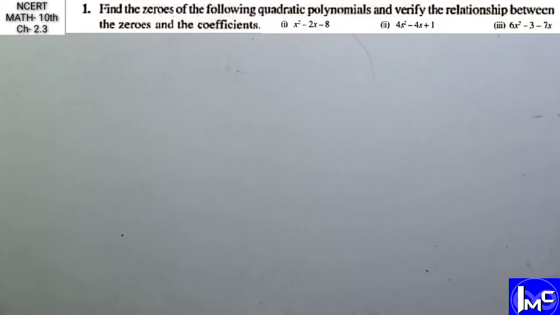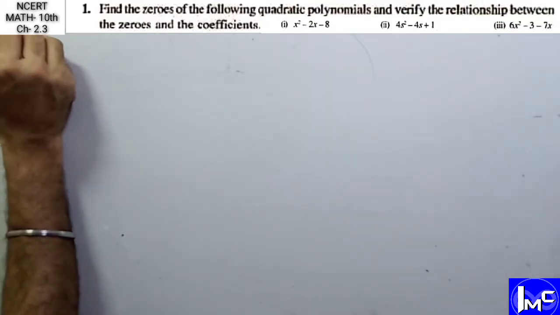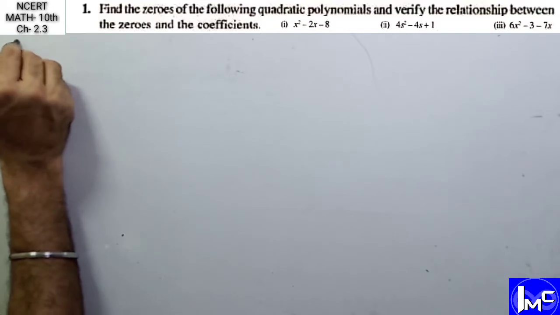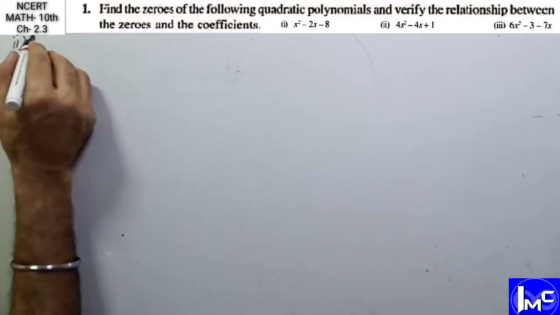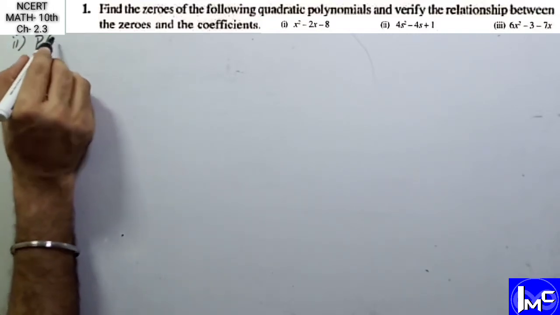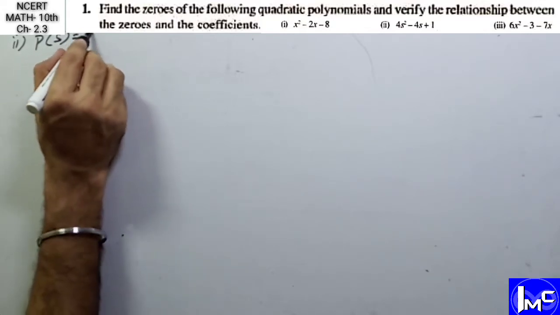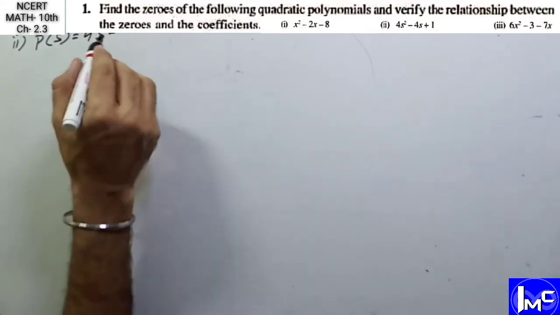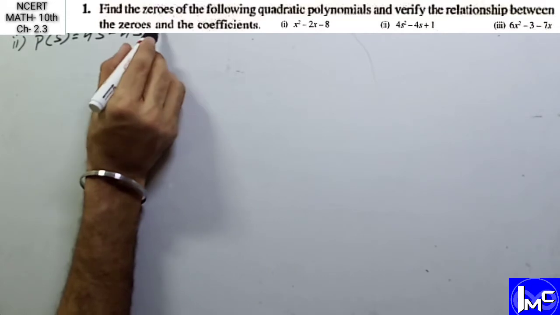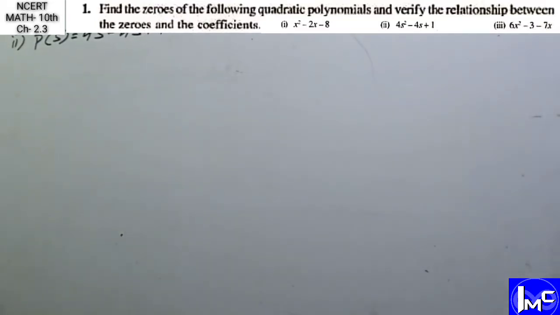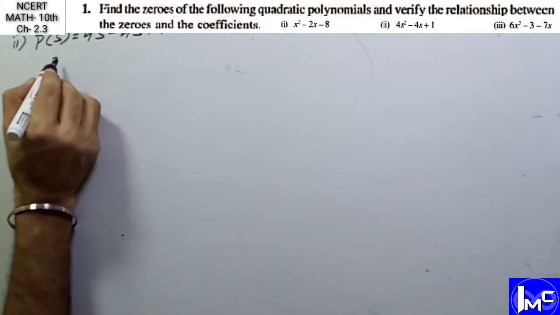Next, question number 2 is ps is equal to 4s square minus 4s plus 1. Again we shall factorize it.